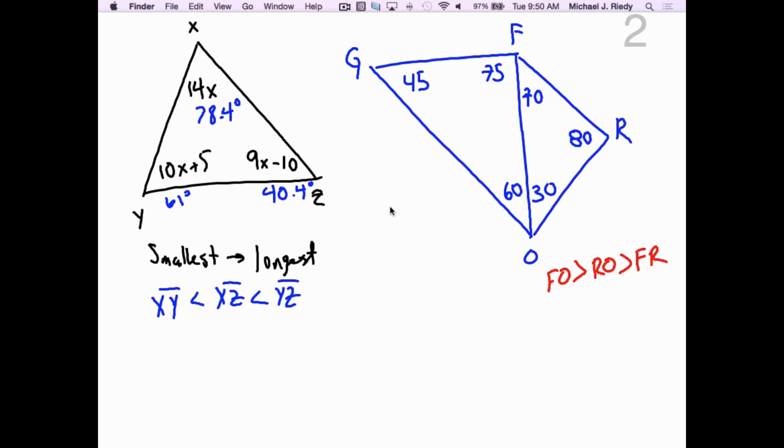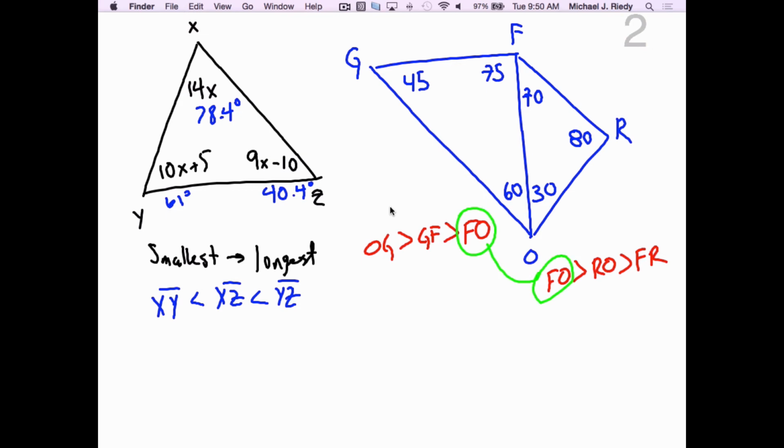OG, the original gangster, is bigger than GF, go for friends, is bigger than FO, your sworn enemy. Foe. Notice we have this link between the two inequalities. We have FO and FO.